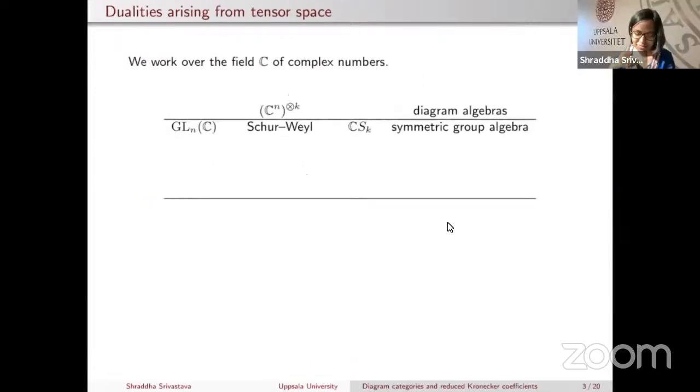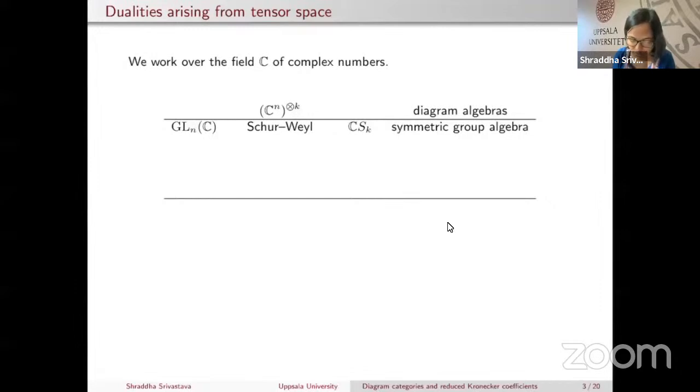Okay, so the symmetric group algebra. The symmetric group is related to the general linear group via the classical Schur duality. GL_n(C) is the general linear group. It acts on C^n by matrix multiplication, and since GL_n(C) is a group, it acts on the tensor space diagonally.